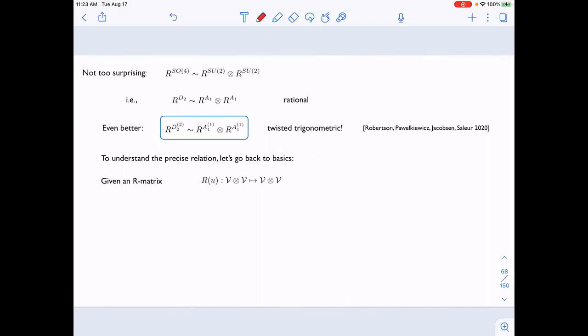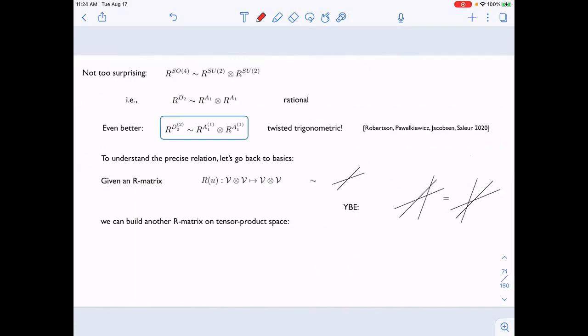As all of you know, in an R matrix, at each site, say you have a vector space V, so the R matrix maps a tensor product of two copies of V to another two copies of V. And of course, we can represent the R matrix graphically as the crossing of a pair of lines corresponding to each of these vector spaces. And of course, it satisfies the Yang-Baxter relation that Paul showed us earlier.